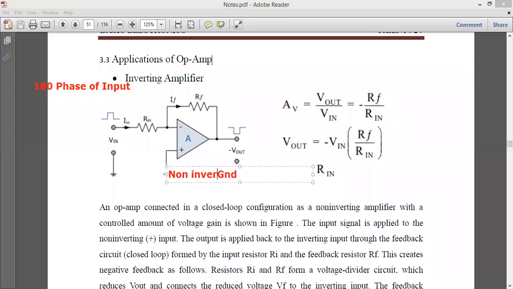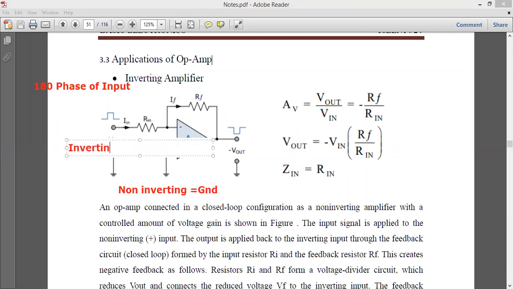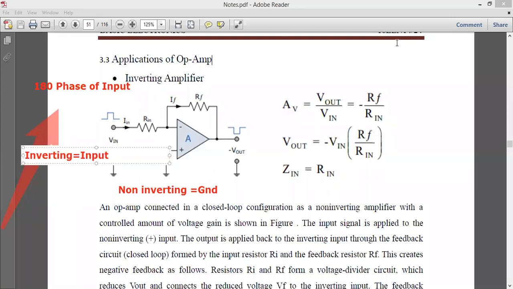Okay, it should be grounded. यहाँ पे मैं लिखा हूँ so that it will help you to understand. So non-inverting should be equal to ground, and inverting, जहाँ पे आप minus देख रहे हैं, should be given with some kind of input supply.